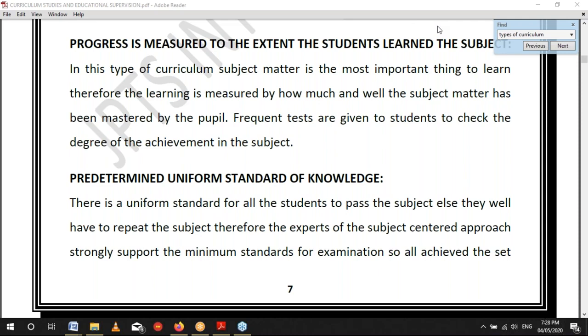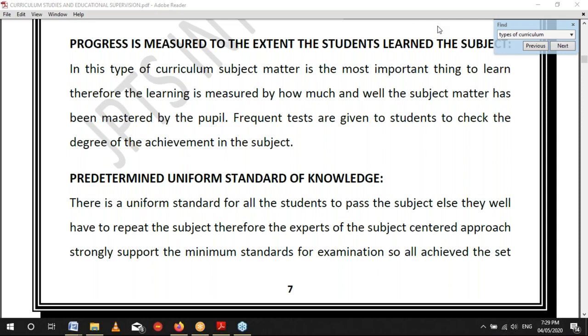They have a uniform standard. The standard is unified. That means before you can say that somebody has passed the exam, the person must at least have 40 marks. So it is the same everywhere for that subject.